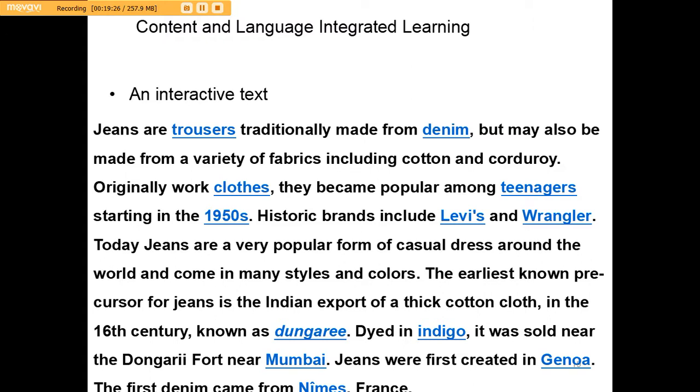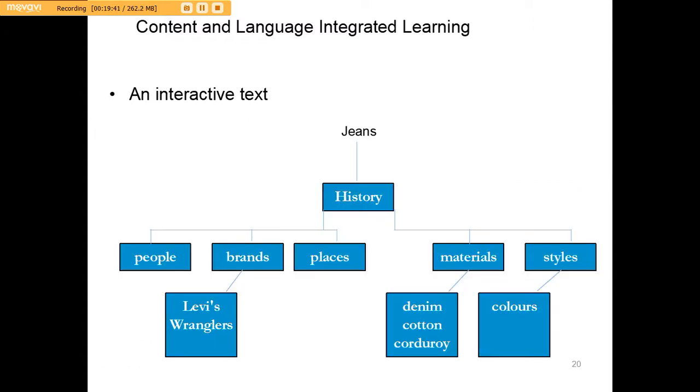So the idea here with CLIL, we've got an interactive text. You can see that some of the words here are highlighted. These may be new words, but they can form the basis for a good discussion after reading the text, like this. We can talk about the history of jeans, people, brands, places. We've got Levi's and Wranglers, for example.